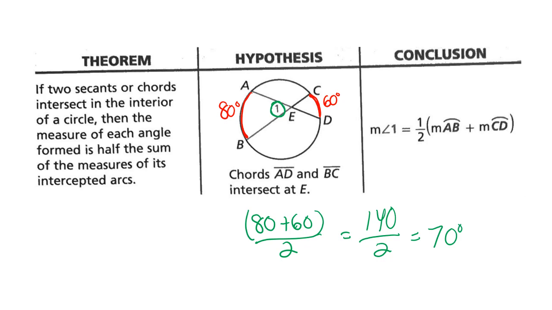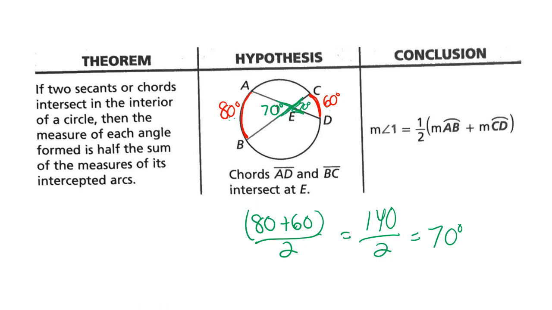So you know that angle 1 is actually 70 degrees. And since angle 1 here is a vertical angle of this right here, you also know that that's 70 degrees. So if you have two chords or two secants intersecting somewhere in the circle, if you take the two arcs that are shown, add them together and divide by 2, you'll find what those vertical angles are.